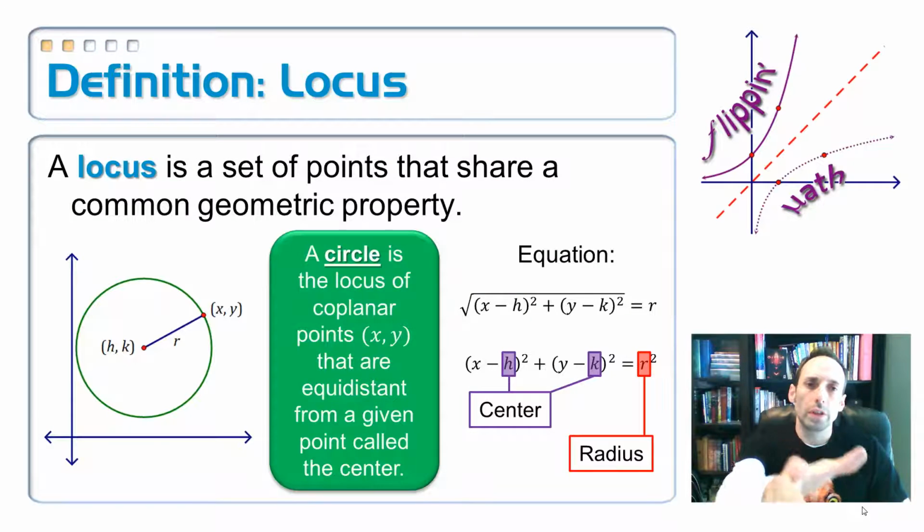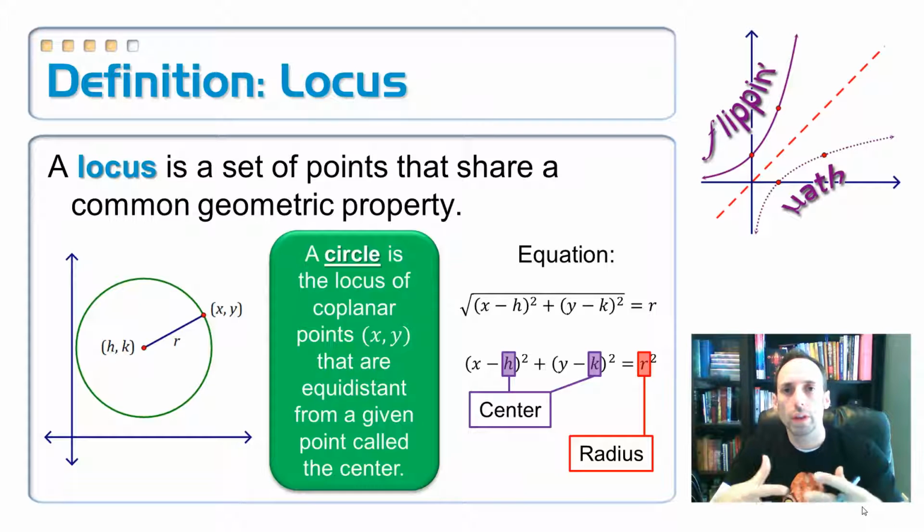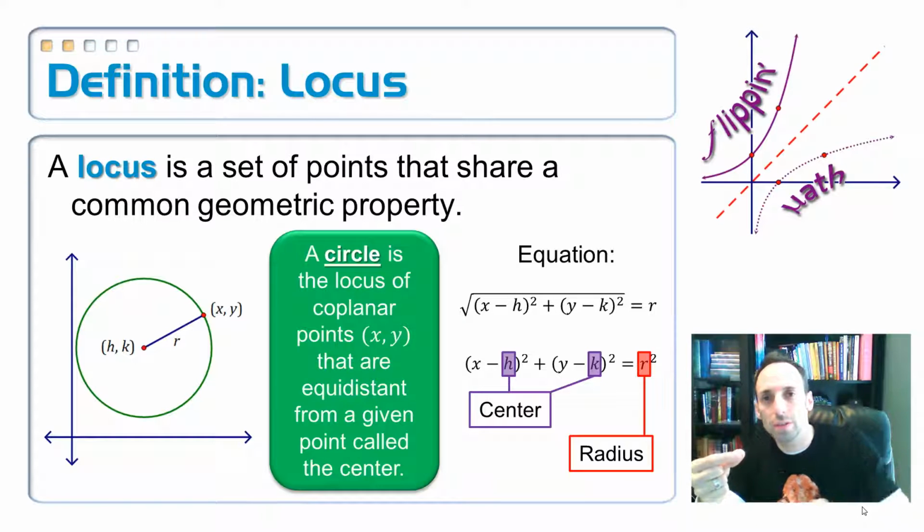Now, we looked at this in the parabola lesson so that you could wrap your brain around what a locus was. Remember, a locus is just a collection of points that all have something geometrically in common. For a circle, what they had in common is that if you take a point on the plane, all the points that are equidistant from it make a circle.